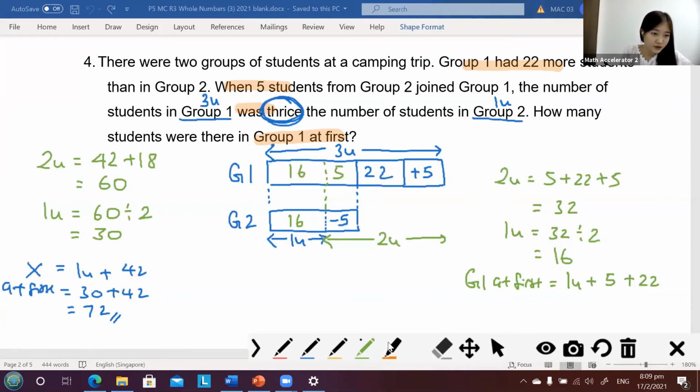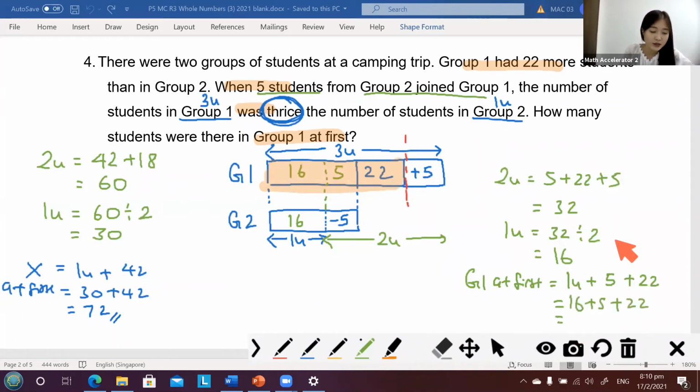A lot of you saying 1. So only 1 5. No need for the second one. Yes, correct. Rina, the 5 here you don't need, because at first the 5 students have not transferred from 2 to 1. So you only need to stop here, for at first, which is the highlighted part. Only until here. So add it up, 16 plus 5 plus 22.